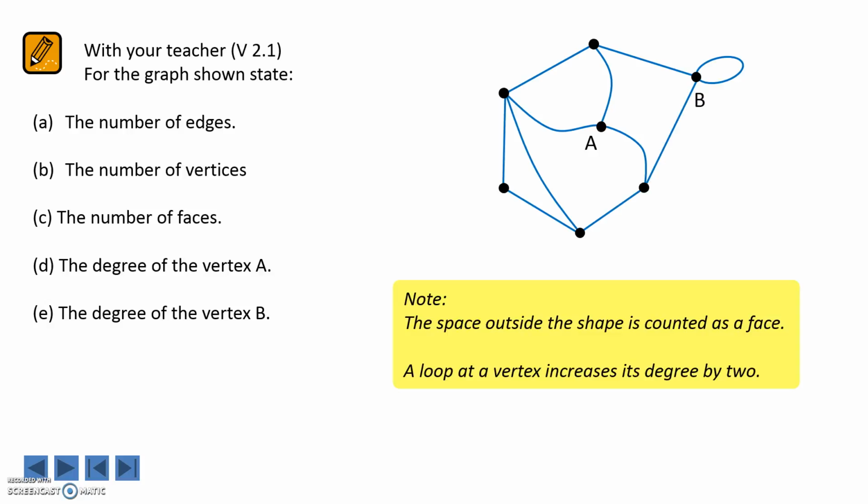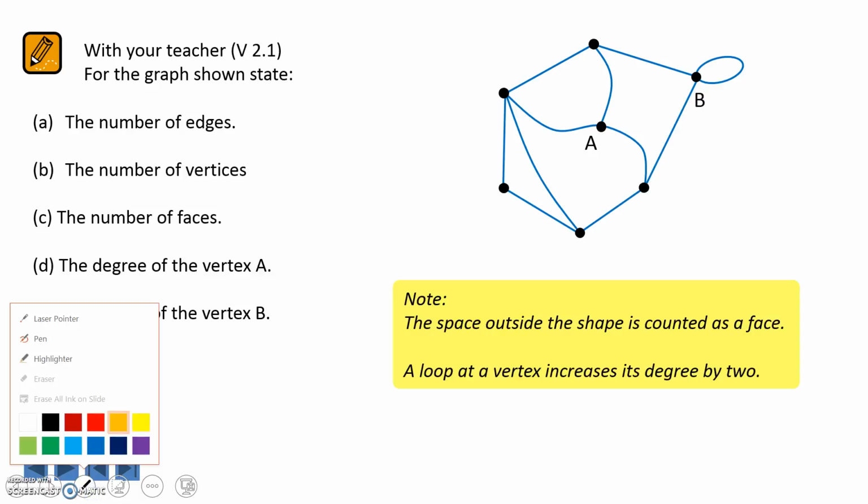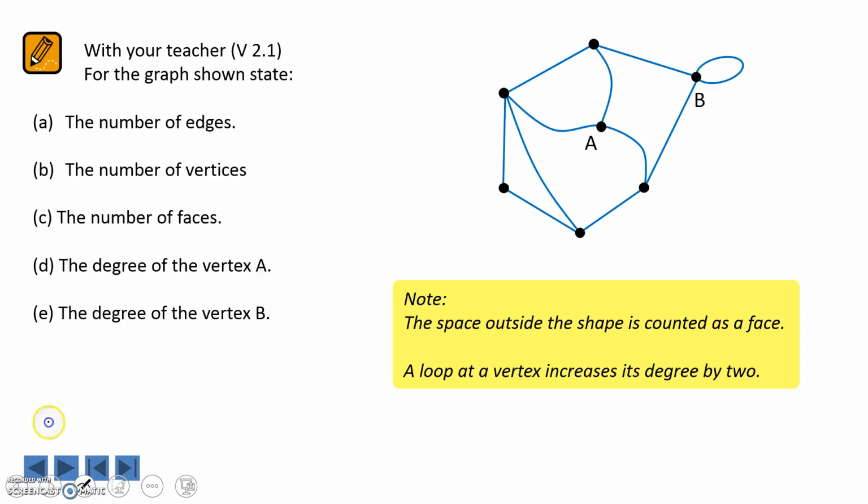Let's have a go through some questions on page 13. Volume 2.1 there. I'll just change my pen. So for the graph shown, state the number of edges. The edges are the lines between two vertices. I suggest using a highlighter for all of these.